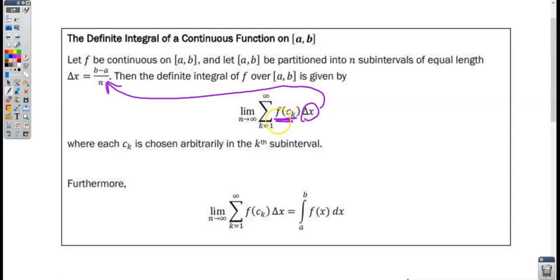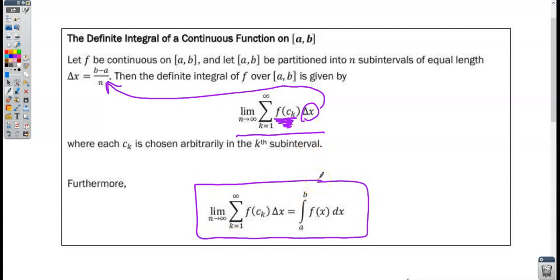And then this is saying we need the function value somewhere in the subinterval. We're going to tend to use the right endpoint because it's the easiest, most convenient to work with as far as building models. So that's why we'll work with that. And in general, this expression right here is the same as the definite integral.